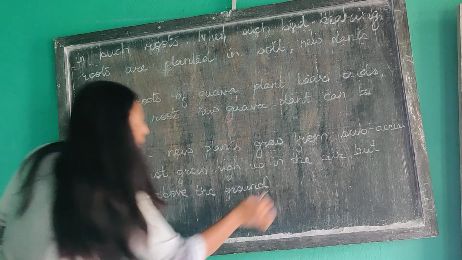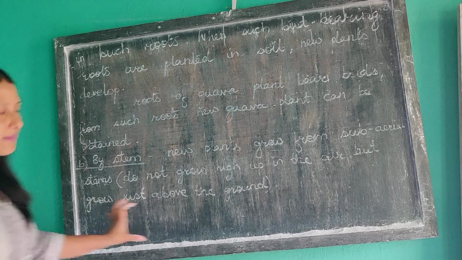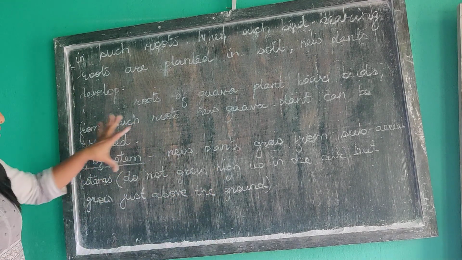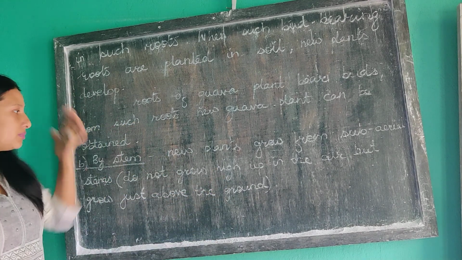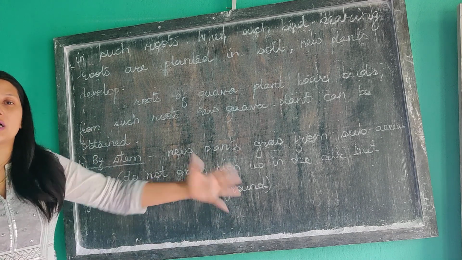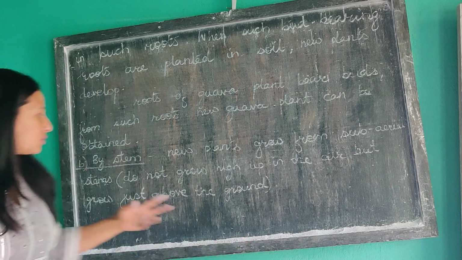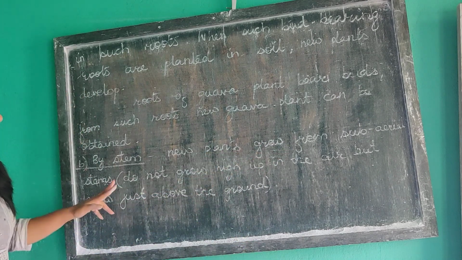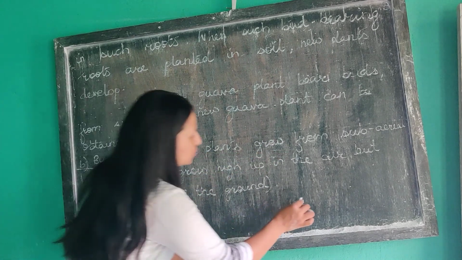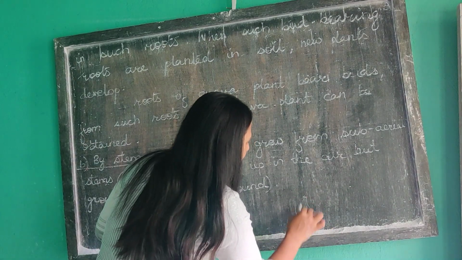Okay, so from the subaerial stems, when new plants grow, that type of reproduction is known as vegetative propagation. So subaerial stem means, usually this is the root and this is the stem.